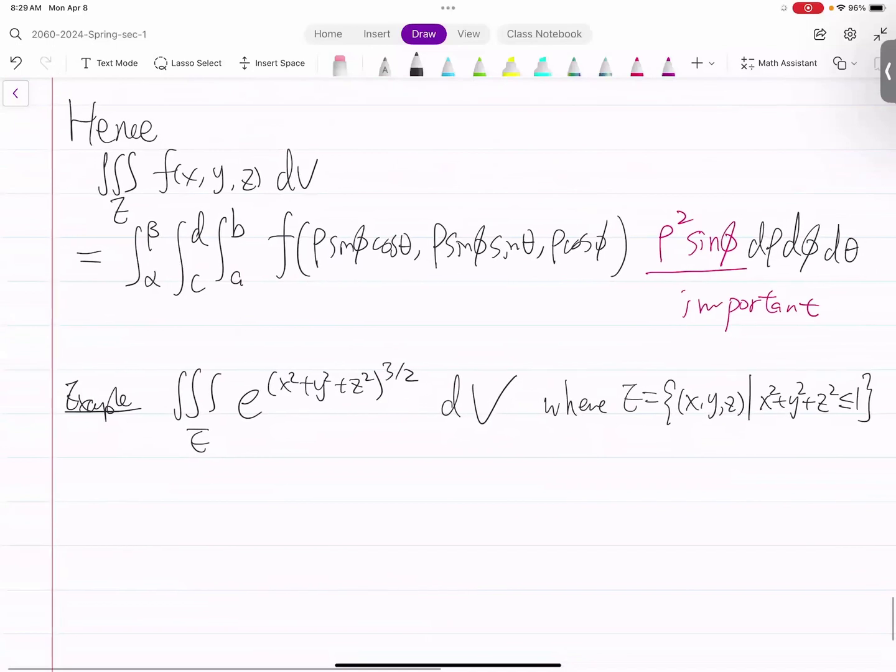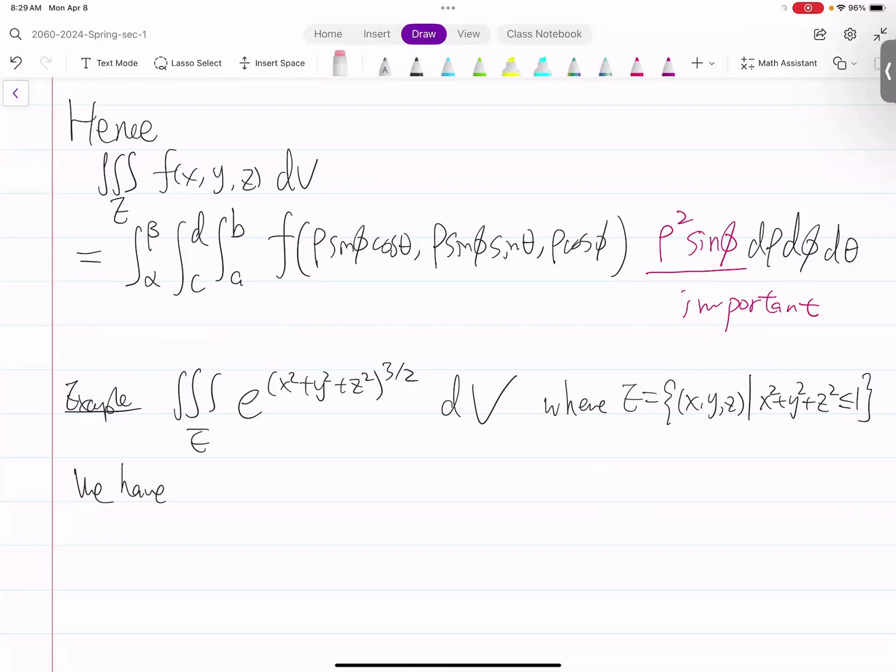So now, if we want to translate into spherical coordinates, it's actually not so difficult because now it's a unit sphere basically. So theta is between 0 and 2 pi. Phi is between 0 and pi. So that's definitely fixed. And then the radius is just the upper bound is 1.